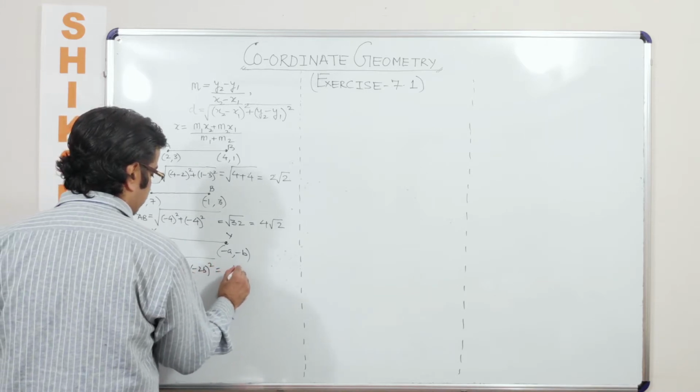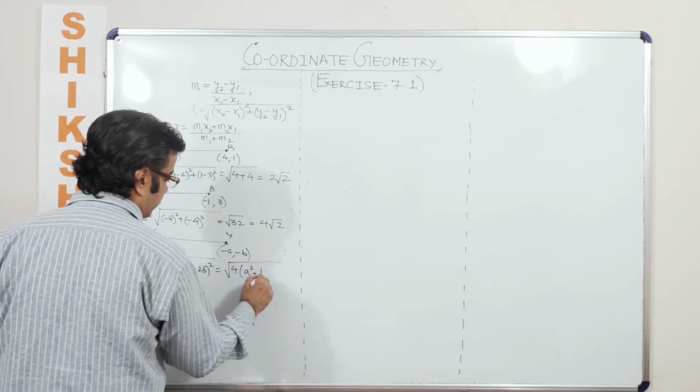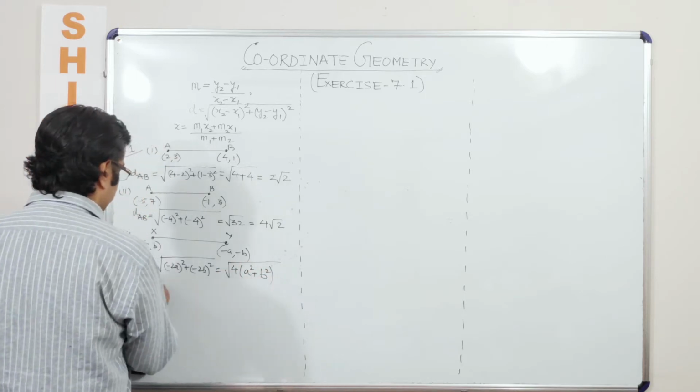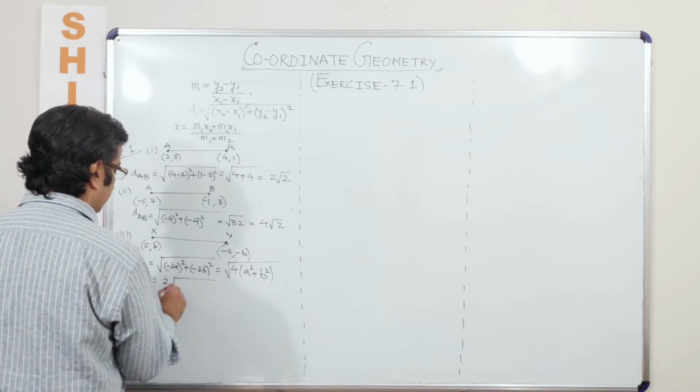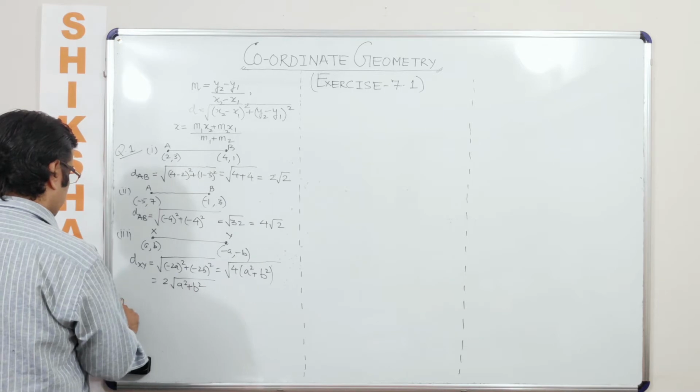Can we write it as the square root of 4 times A square plus B square, which can be further written as twice the square root of A square plus B square.